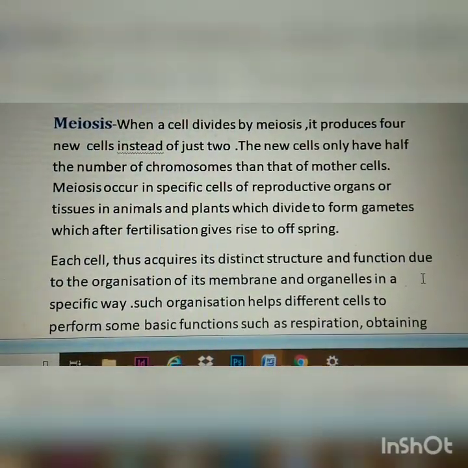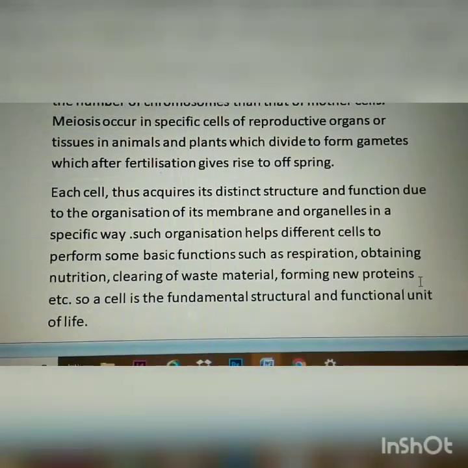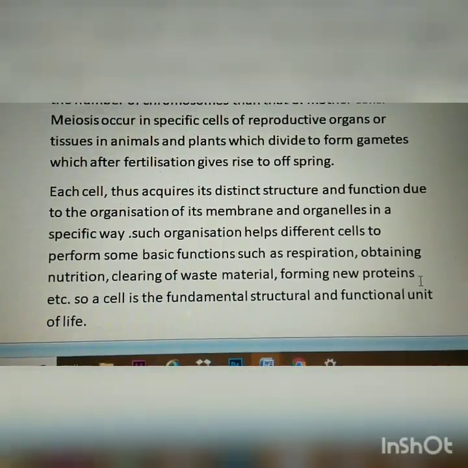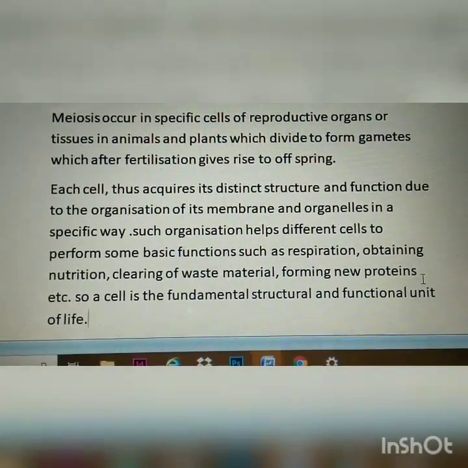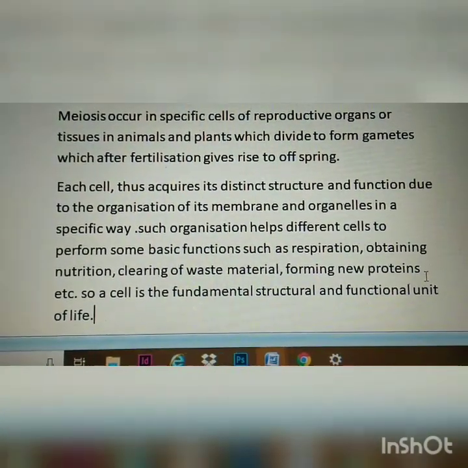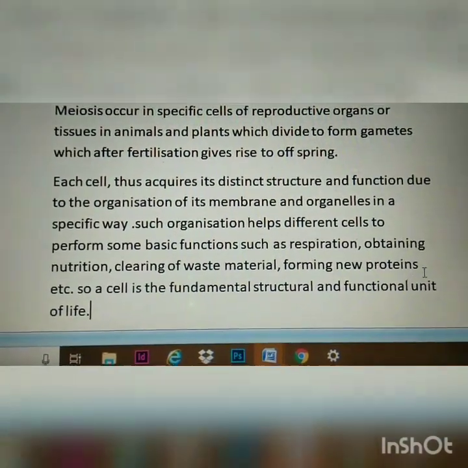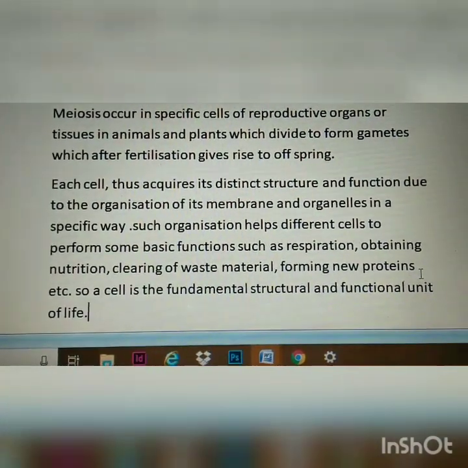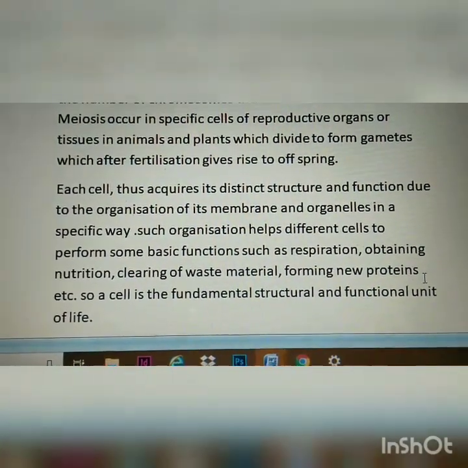So as we finish the chapter, I will tell you at last the main thing that comes after completing the cell chapter. Each cell acquires its distinct structure and function due to the organization of its membrane and organelles in a specific way.